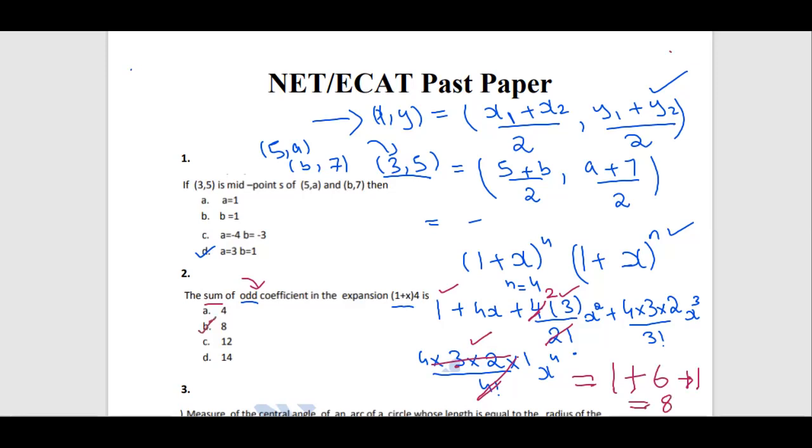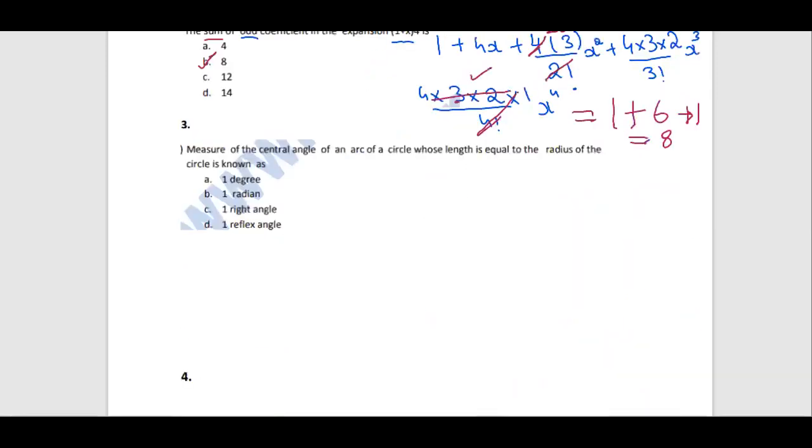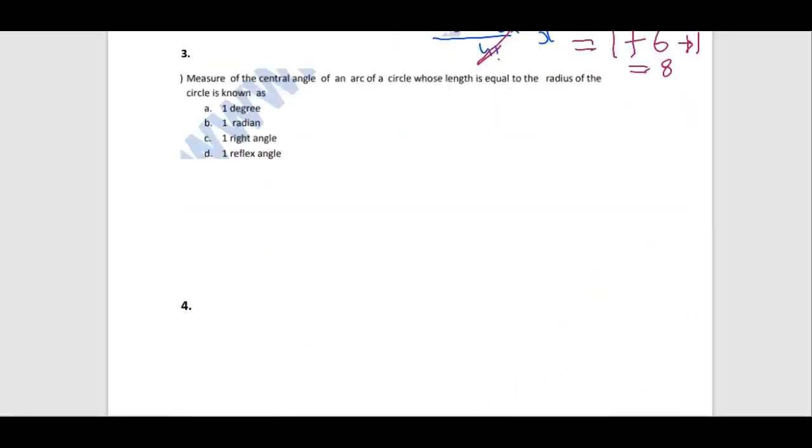So B is our answer. Again, for this question, like part 1, we need to know the formula. And here our formula is basically the binomial theorem, with the help of which we can easily calculate the coefficients, and we had to add the odd coefficients, and this is how we got 8.